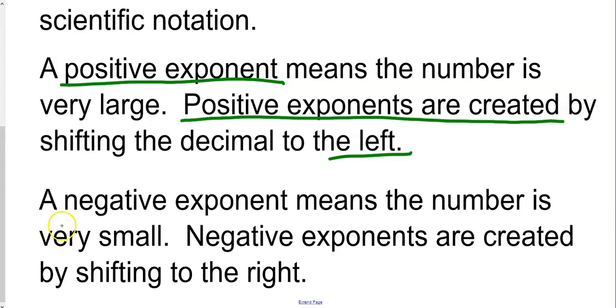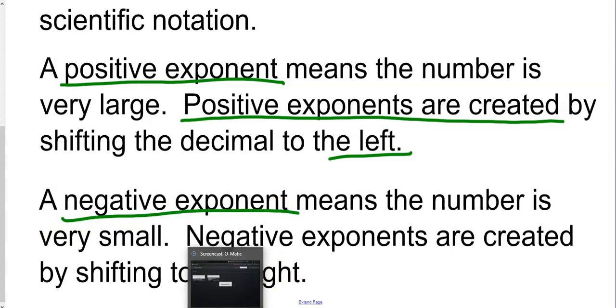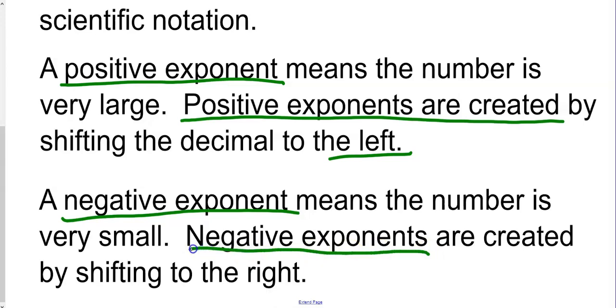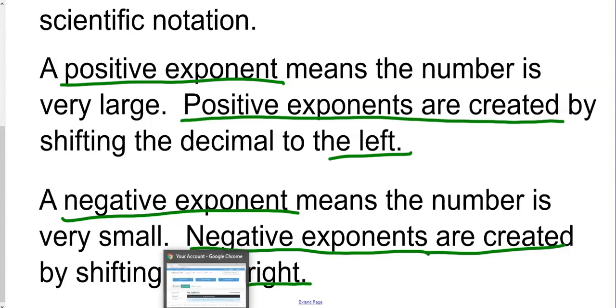And vice versa. A negative exponent means that the number is very, very small, like 0.000000000001235. That's a very, very small number. And for those negative exponents, it comes from you moving the decimal to the right. Anytime you move the decimal to the right, it's kind of like you're subtracting from the exponent. You're making your number smaller and smaller.